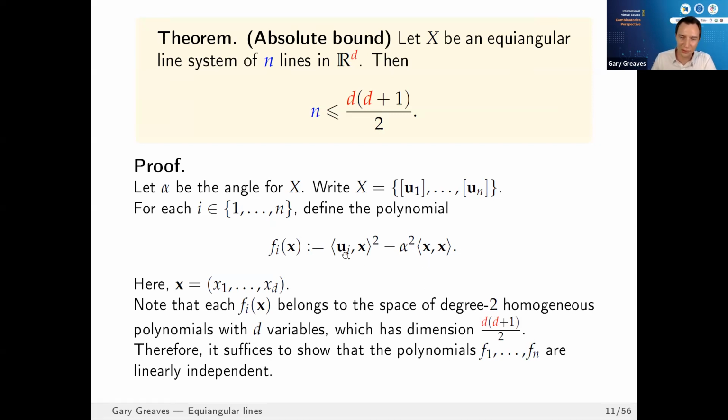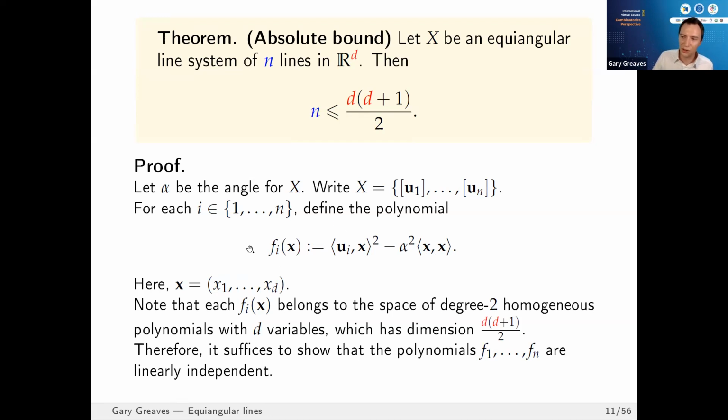So it's some constant times xi times xj. Hopefully you can see that, because here we'll have the entries of ui multiplied by x1 up to xd, but then we square it. And here we have x1 squared plus x2 squared, and so on.